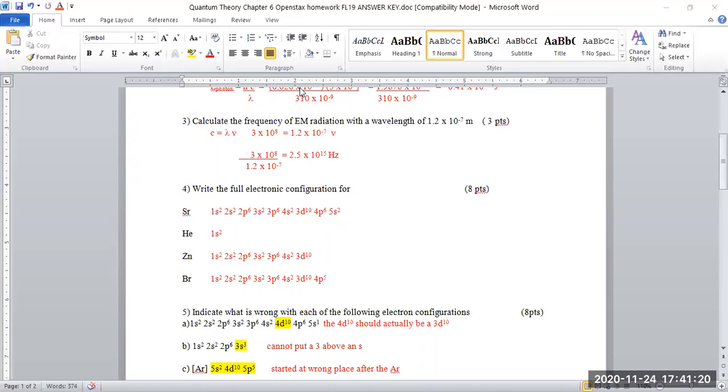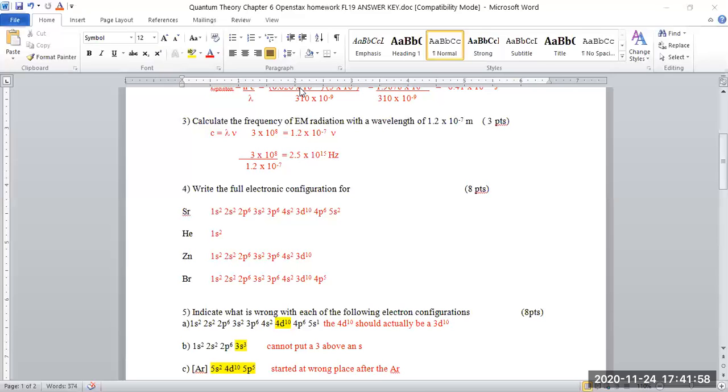Even though some websites loosely indicate that you don't care what order you write the electronic configuration in, that's actually not true. You do have to obey the Aufbau. Your 4s2 must come before your 3d10. Otherwise, it is not following the correct order of filling. Then 4p6, and your last final 2 electrons go in the 5s2.